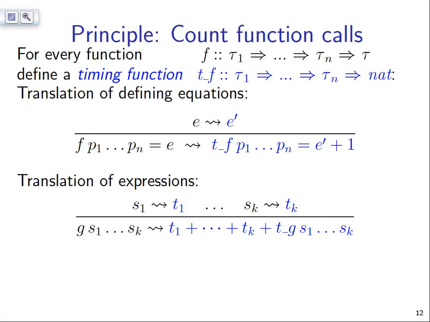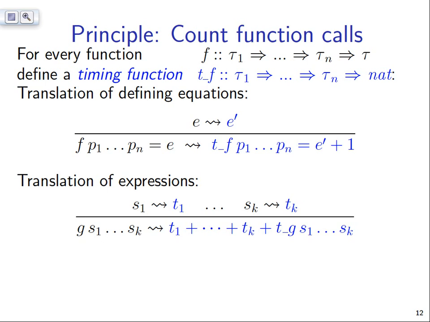Then, how do we translate the individual expressions? Well, that's a syntax translation as well. So if you have a function call of some function g with arguments s1 to sk, then you translate that into the time it takes to evaluate that function call. So first you translate all the arguments of the g, and you get t1 to tk, which are the times it takes to evaluate the arguments s1 to sk.